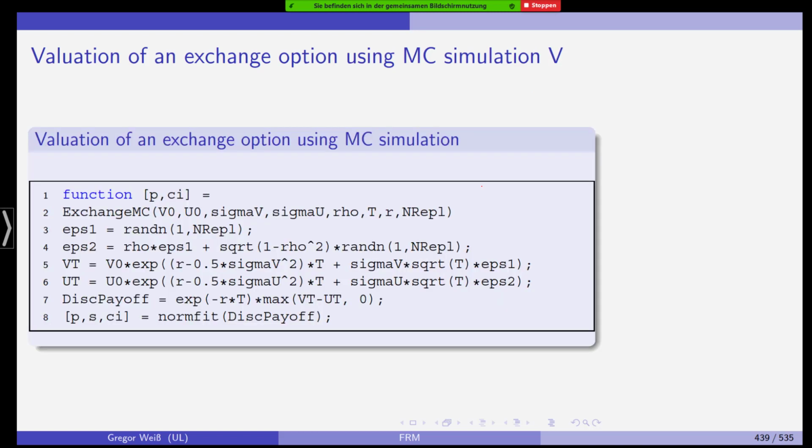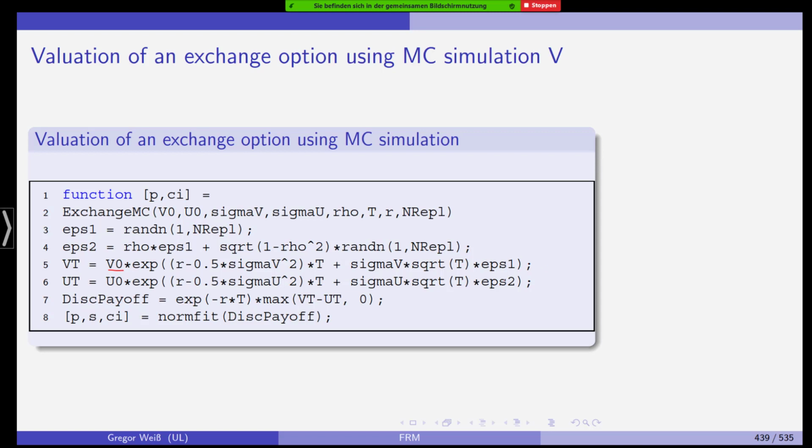The function is now exchangeMC, with inputs V0, U0, sigmaV, sigmaU, rho, T, r, and NRepl. We simulate from the geometric Brownian motion, multivariate version, epsilon 1, epsilon 2. Then the final value of V and the final value of U are these 2 expressions, simply the starting point times the exponential function, and so on.